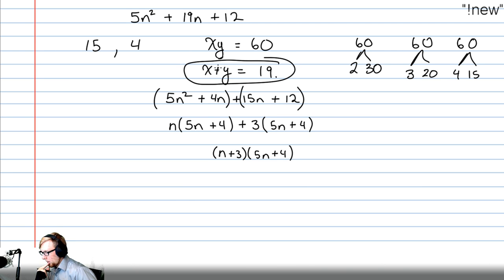Right. That is technically the process. It takes time, but as you get more used to it, you can start to think about, oh, I want 4 and 15 right away. Right. It's just about how familiar you are with numbers. That's really all it is.